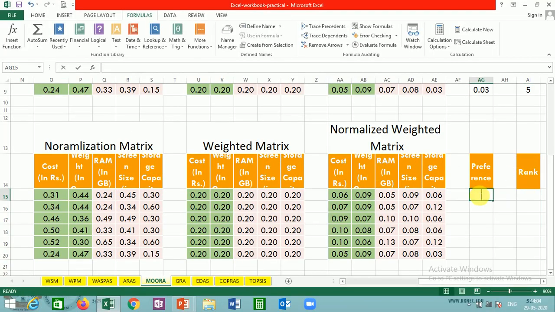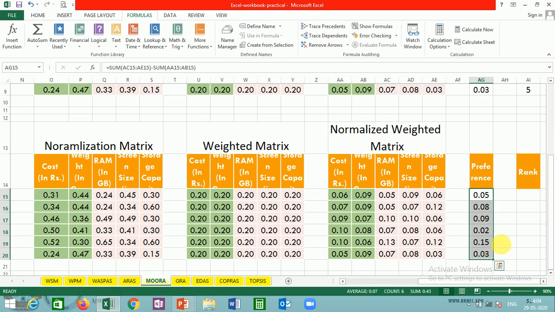So the sum of benefit criteria will appear first. From this, we are going to subtract the summation of non-benefit criteria. So this is the non-benefit criteria we are entering, and we are getting the values.